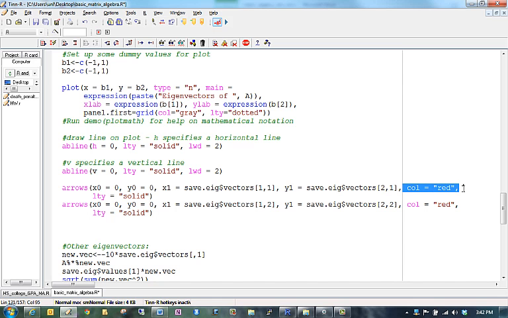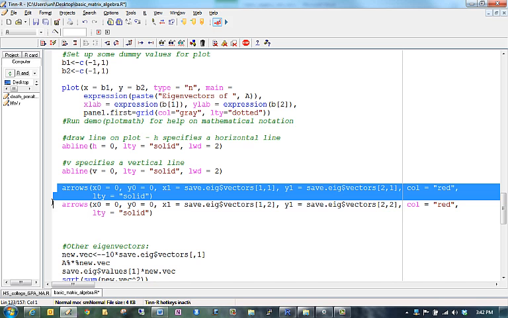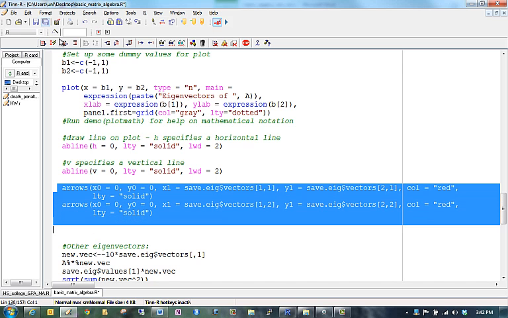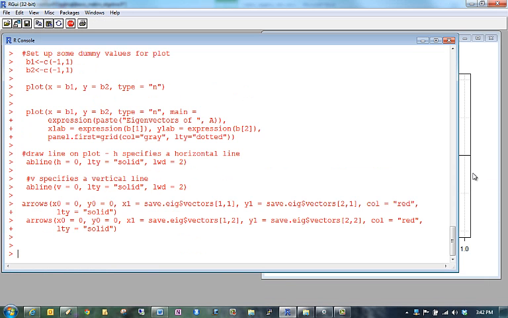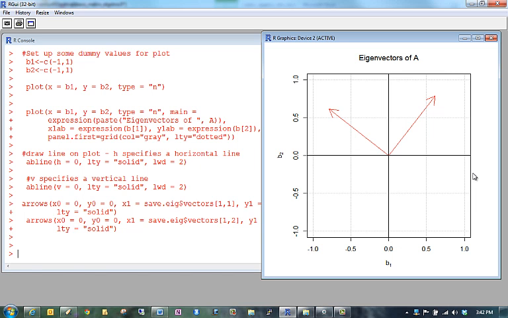I'm going to color the eigenvector in red and use a solid line type. This is the first eigenvector. This is the second eigenvector. And there you go with your plot. So it's not too bad. And again, I urge you with plots like this that have multiple components to step through it like I did here to see what happens if you include something or if you don't include something. That's how you learn how to do these kinds of plots.